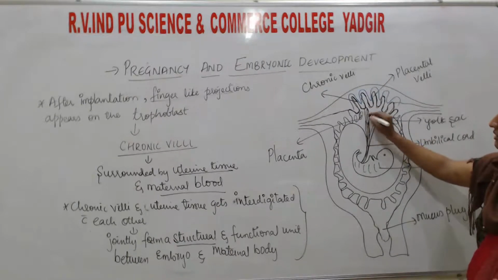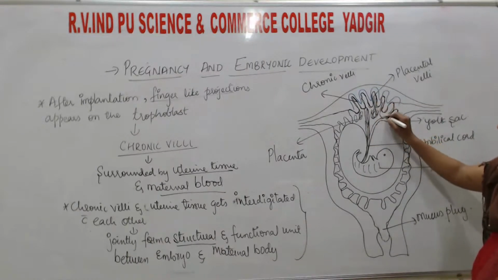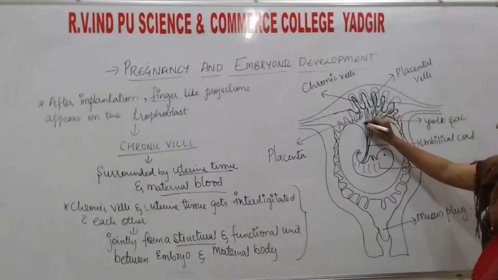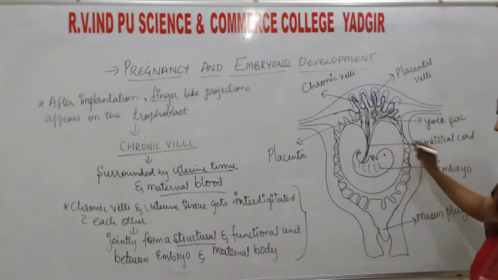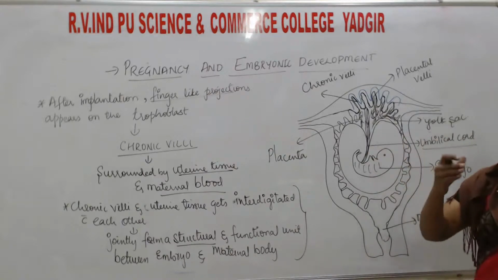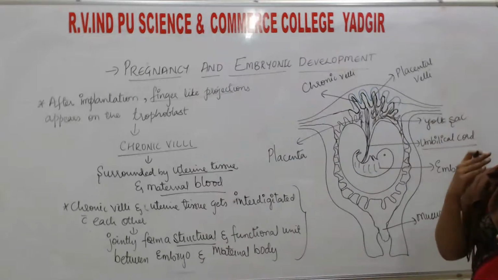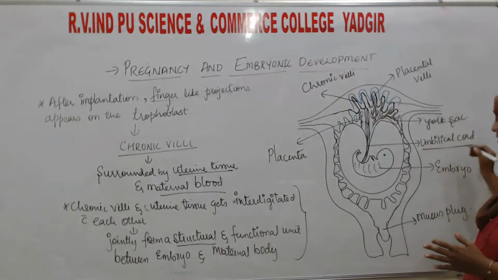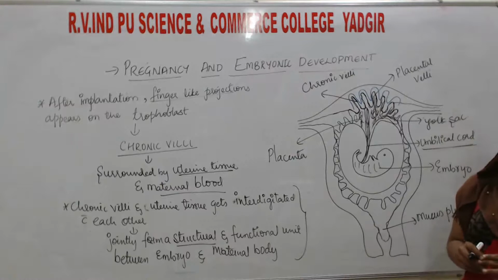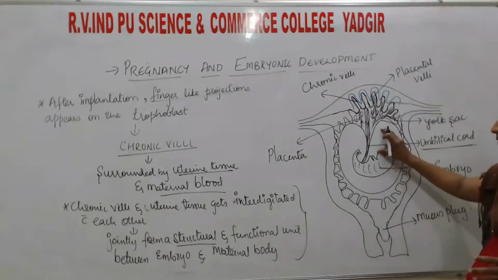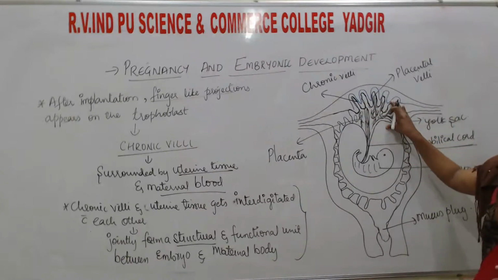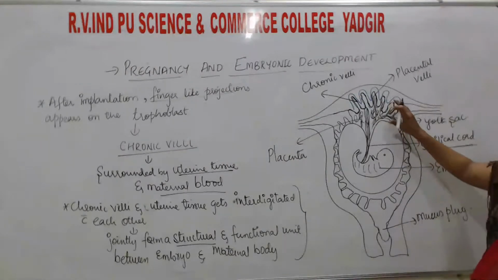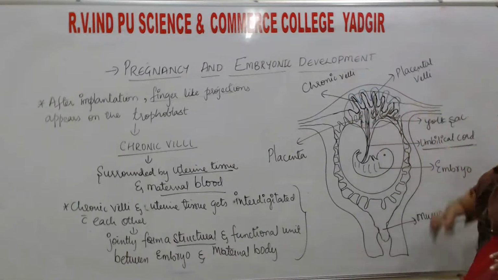There is a connection between the mother and the embryo, which is known as the umbilical cord. This whole structure we can call the placenta, which is disc shaped.